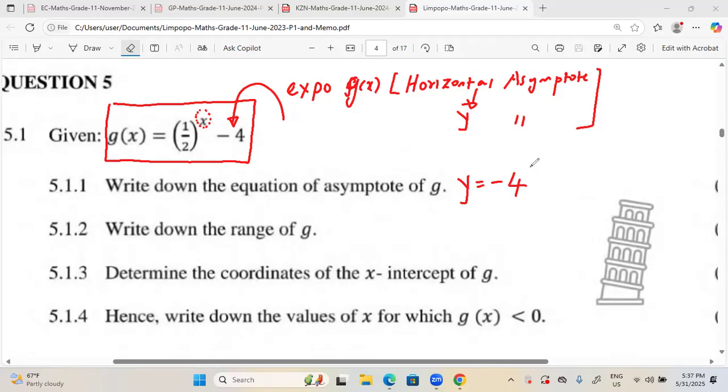If I say f of x equals 2 to the exponent x plus 8, what will be the equation of the asymptote? This 8 at the end is going to be our asymptote. Therefore, y equals 8 is the equation of the asymptote. So we must be able to find the asymptote of the exponential function. Very easy. Let's go to 5.1.2.